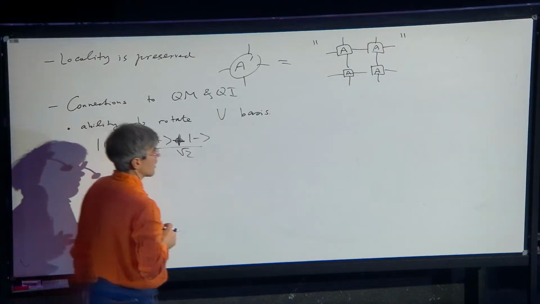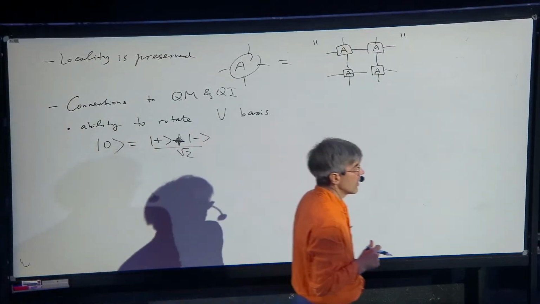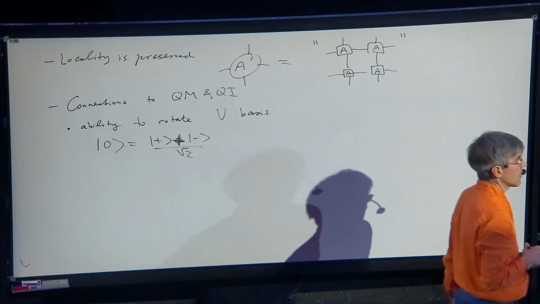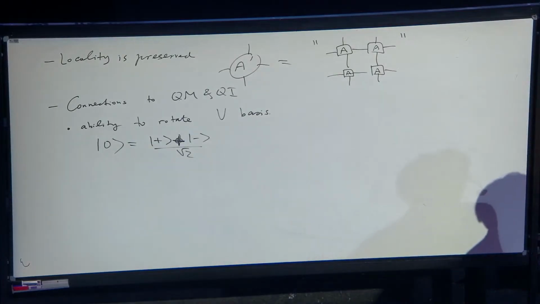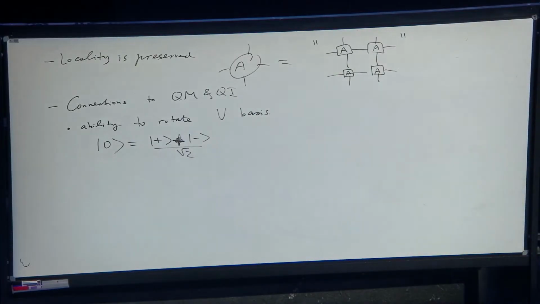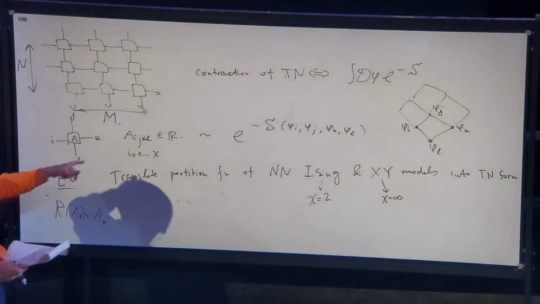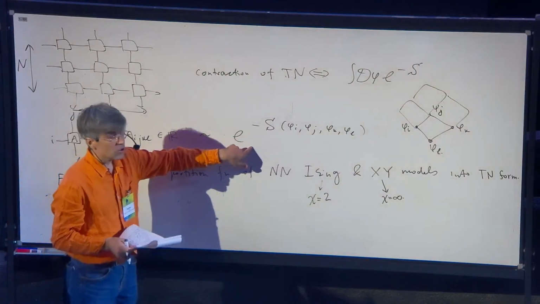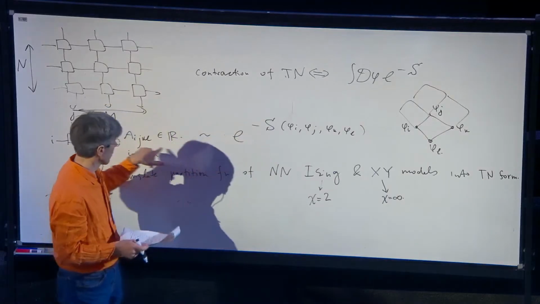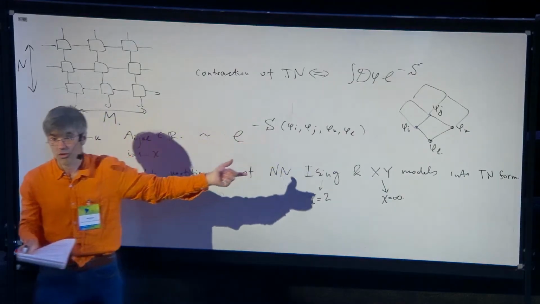And in usual RG, for example, you insist that your partition function has to be written in the Gibbs form, so it has to be written as a path integral of e to the minus S. And so in particular, the tensor A that you're going to get initially is going to be a non-negative tensor, a positive tensor, because e to the minus S is a positive number.